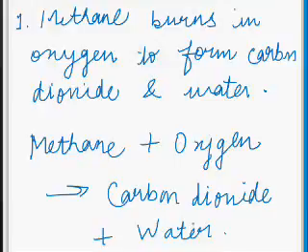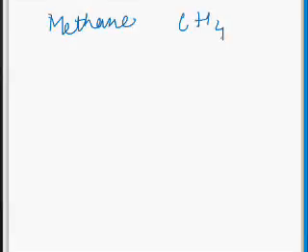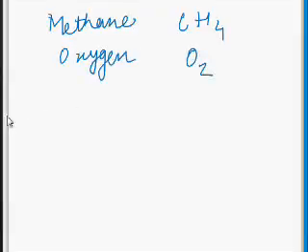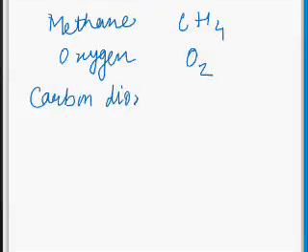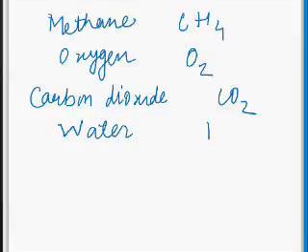Now we know the chemical formula of methane, oxygen, carbon dioxide and water. So now we will write the chemical formula of methane, CH4, oxygen, O2, carbon dioxide, CO2, water, H2O.